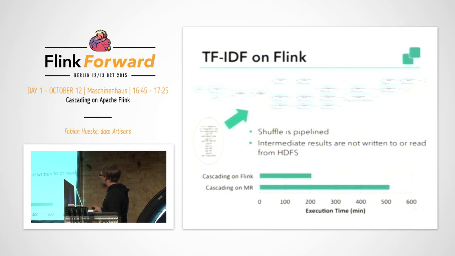This is mainly because we don't write data to HDFS and we don't read it from HDFS again. The shuffles are pipelined. And we were running on Flink's native operators like hash join and so on.